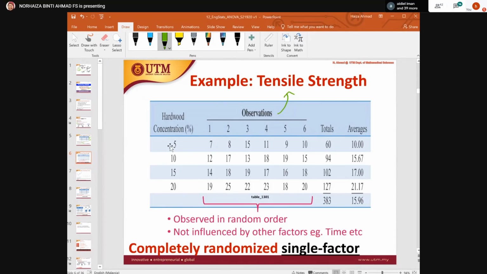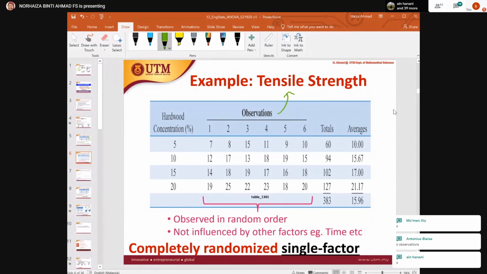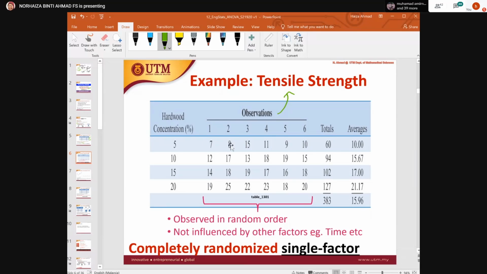How many observations can we see for each hardwood concentration? 6, yes? 1, 2, 3, 4, 5, 6. What is the number of overall observations in this experiment?